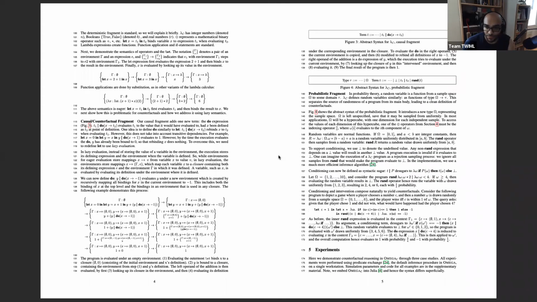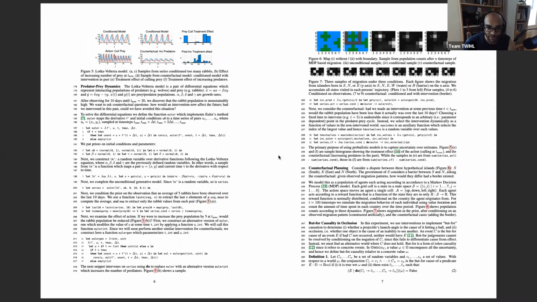And they also give an example with predator-prey dynamics. So that's a computational biology model where you have, say, foxes and rabbits, and two rabbits come together, they spawn a new rabbit.